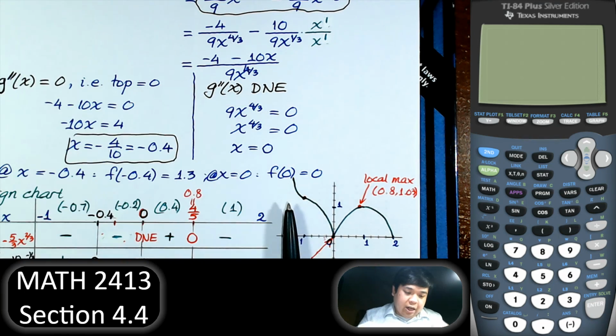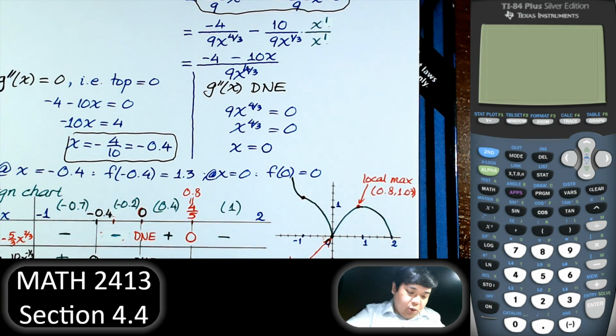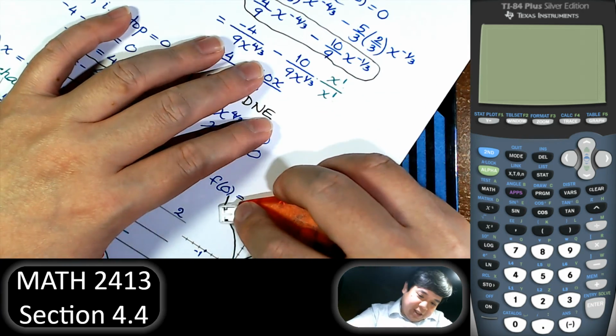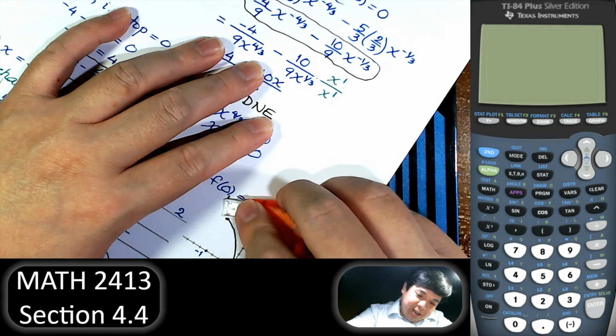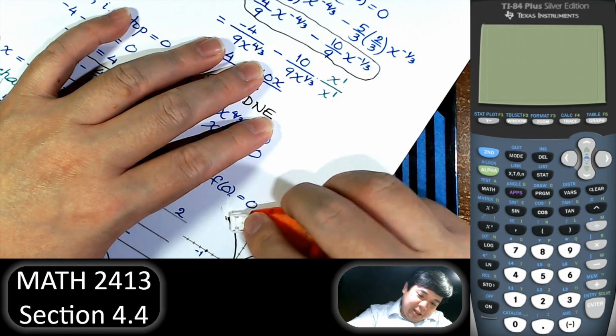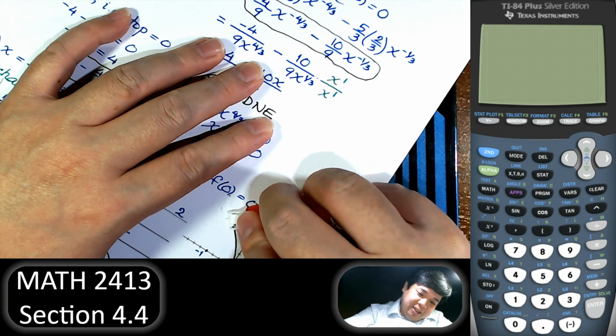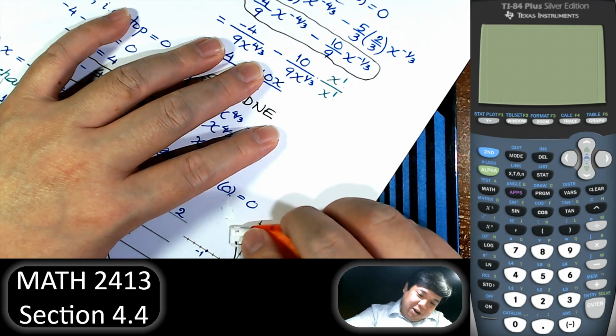Oh. Sorry, the inflection point is negative 0.4. Should do this in pencil. I recommend you graph everything in pencil.